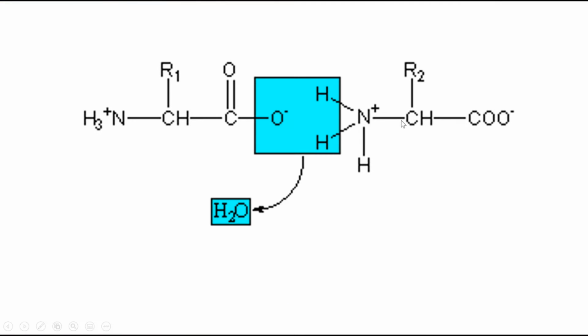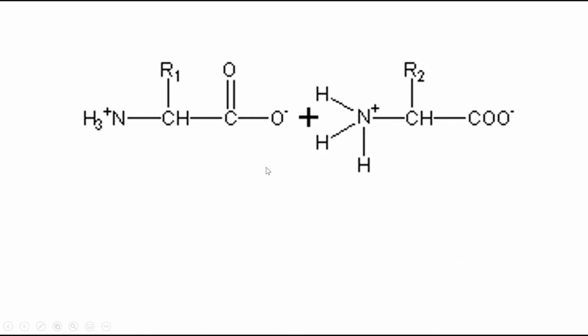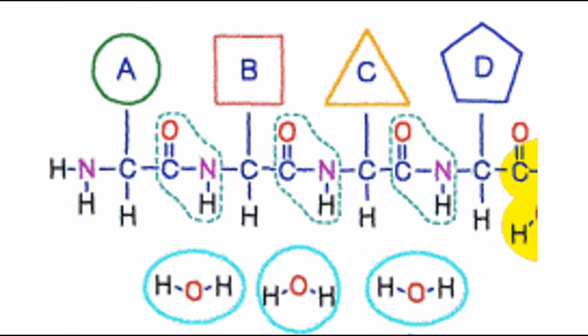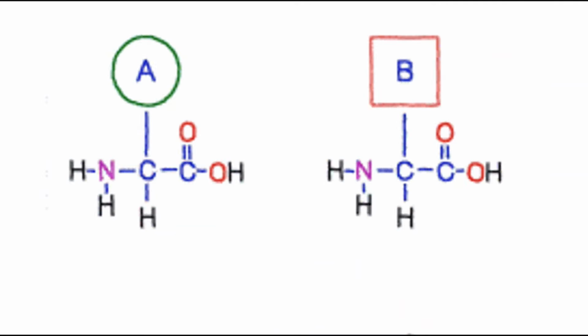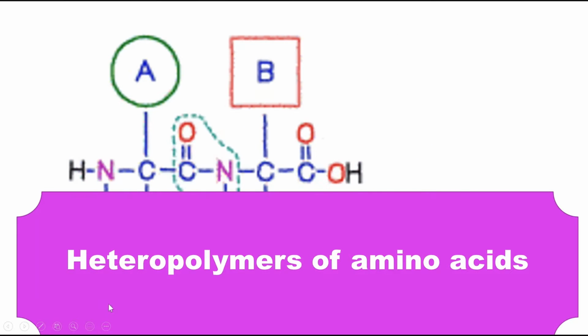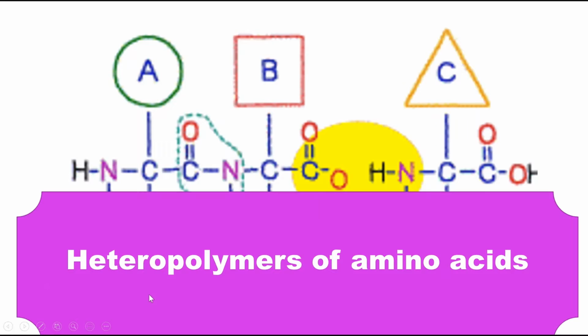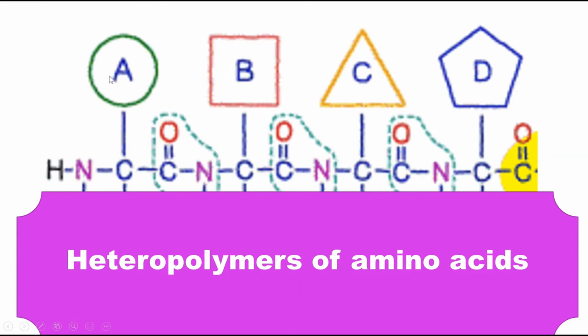If you can see in this diagram also, the water is removed from the amino group and the carboxylic group, and a peptide bond is formed. Similarly, in a polypeptide chain, a lot of peptide bonds can form, correct? So they form heteropolymers. What does hetero mean? Hetero means different. Why are they different? Because of the R group.